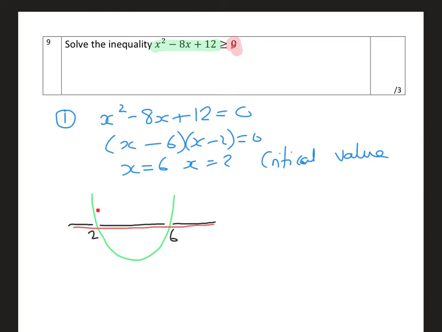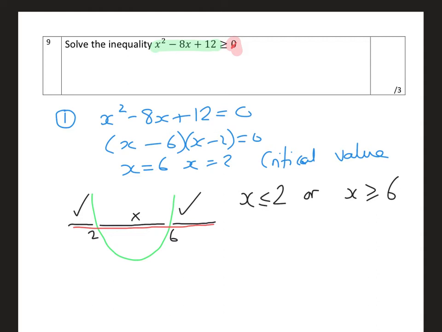Well, if I look before 2, green is bigger than red, so that works. If I look after 2, green is less than red, so that one doesn't work. Then if I look after 6, green is bigger than red again, so that works. So I've got two inequalities, so I can write that as x is less than or equal to 2, or x is bigger than or equal to 6.